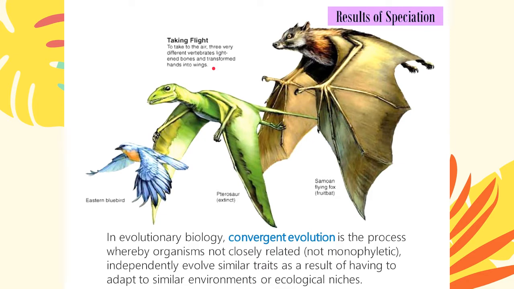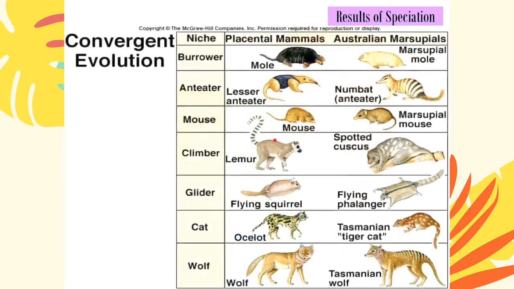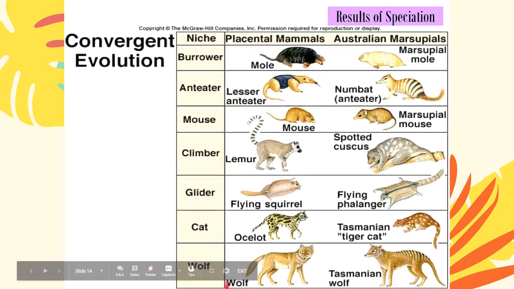So here, three different vertebrates lightened their bones and transformed their hands to become wings. And you have the flaps here to help them fly. So these are examples of convergent evolution. Okay, so one group here are placental mammals.